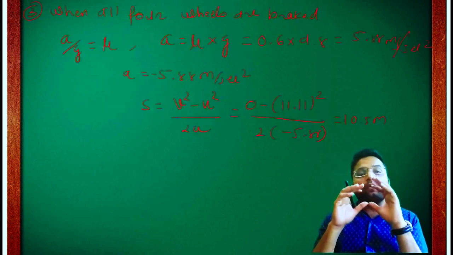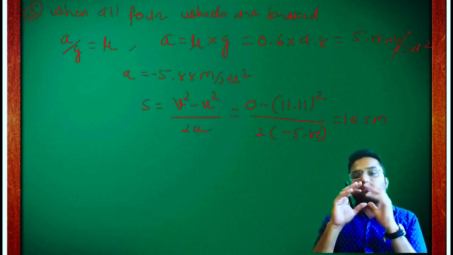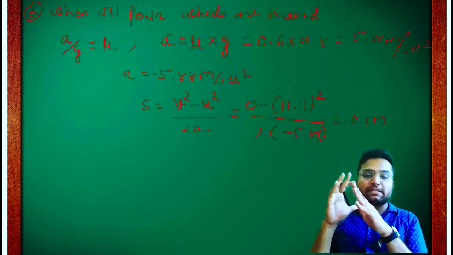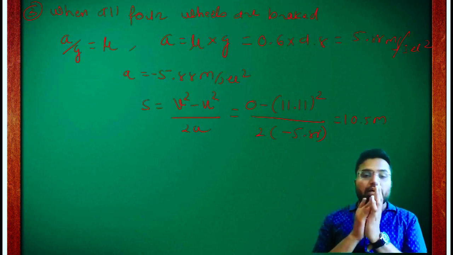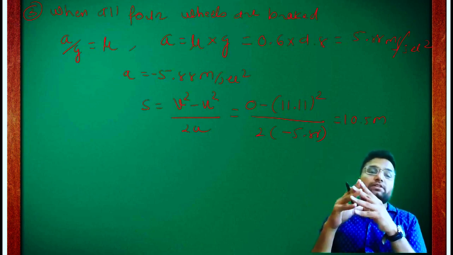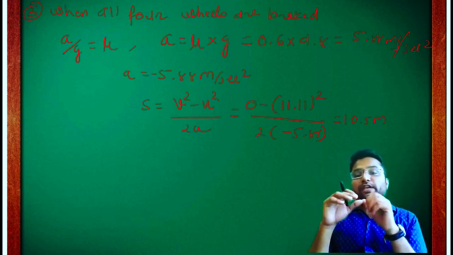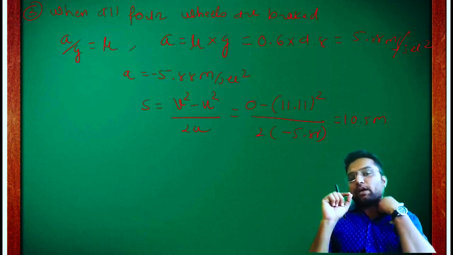And when all four wheels are braked, acceleration is minus 5.88 meter per second square, and the stopping distance is 10.5 meters. From this example, we have learned how to find the stopping distance for all the cases provided here. I hope you understand this example very well.